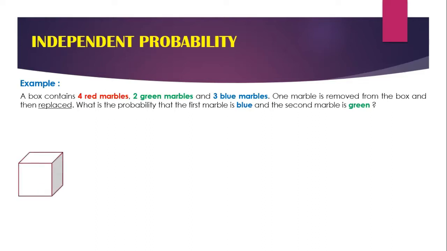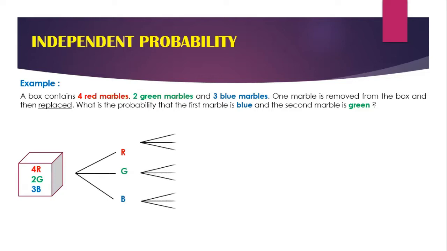Okay, students. Let's say this one is a box. This box contains 4 red marbles, 2 green marbles, and 3 blue marbles. We can define the first pick as red, green, and blue, and continue to the second pick.